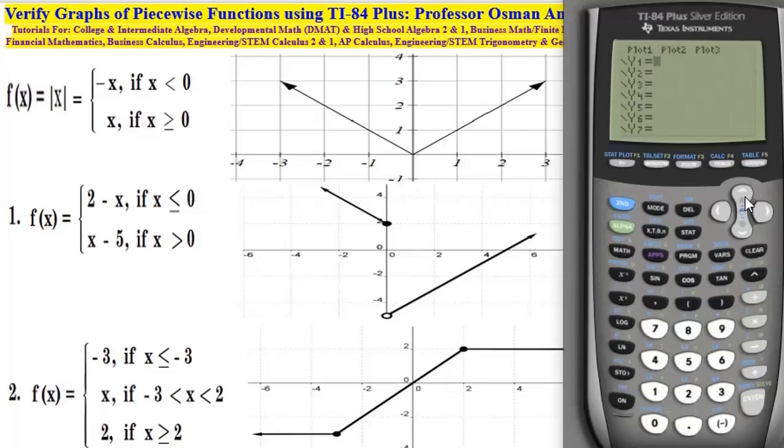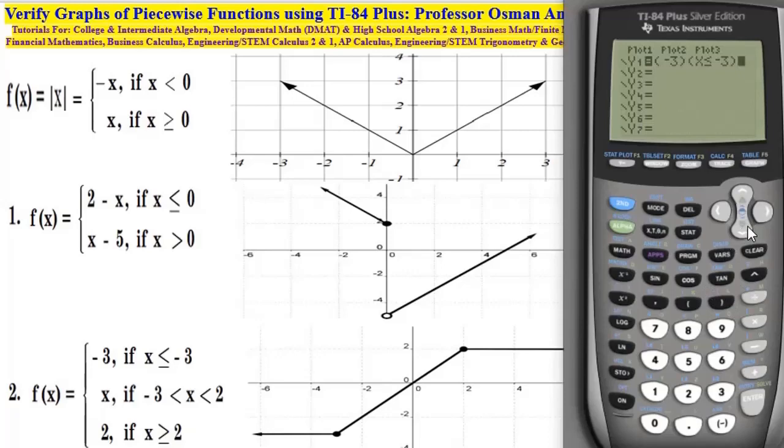So it is open parenthesis, a constant minus 3, and this is valid for x, second math, less or equal to minus 3.